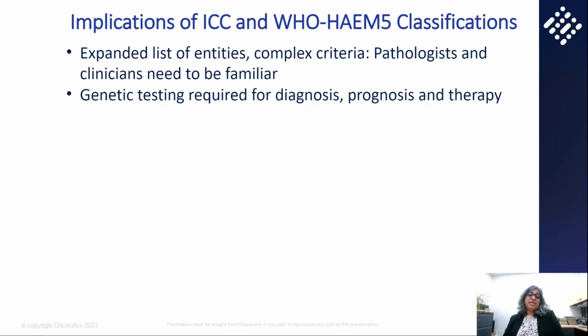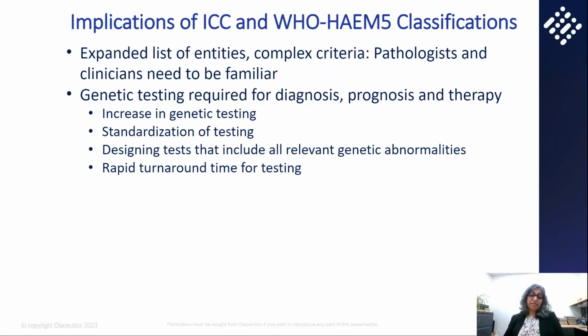As a result, what has happened? There is a significant increase in genetic testing. There is also a need for standardization of testing and designing tests that include all relevant genetic abnormalities. Now that we've added so many to the list, if we continue to use the tests that we had earlier, they may not cover all the abnormalities that we need now for our diagnosis.